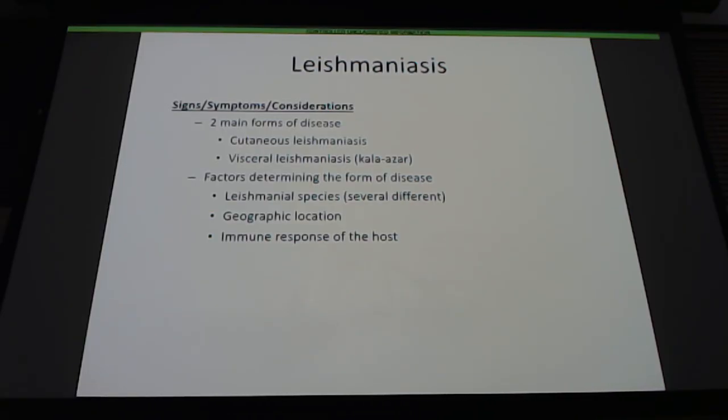The visceral leishmaniasis, on the other hand, there it says Kala Azar. So Kala Azar means black fever in Hindi or Urdu, right? And what happens is you end up getting irregular fever, sometimes pneumonia, pancytopenia once you get the visceral leishmaniasis. But the Kala Azar aspect of leishmaniasis, they're not quite sure.